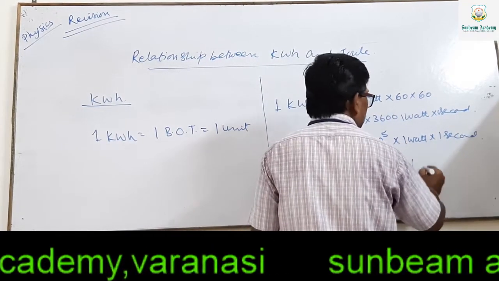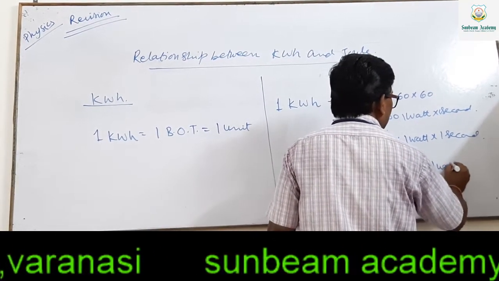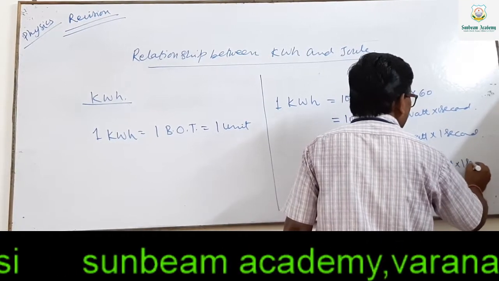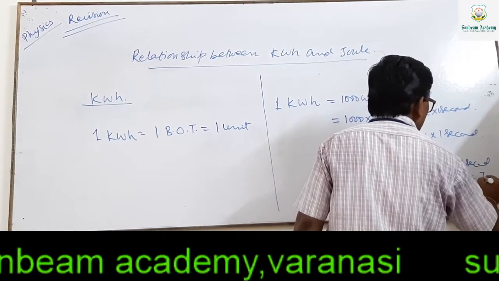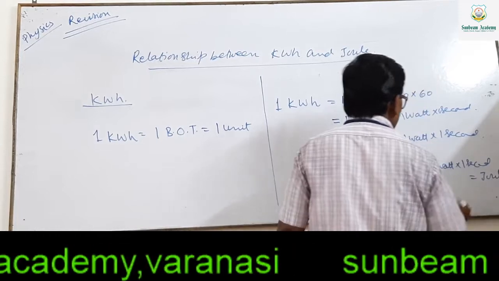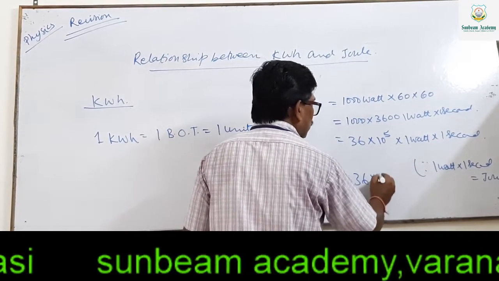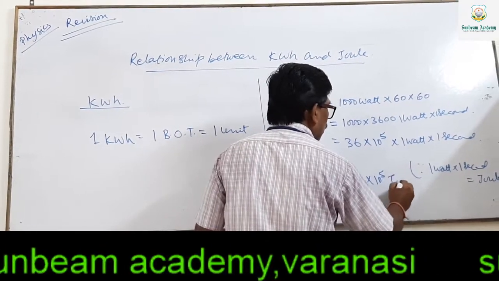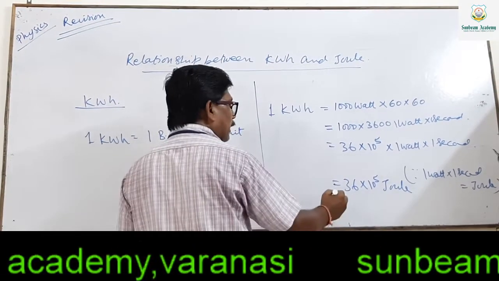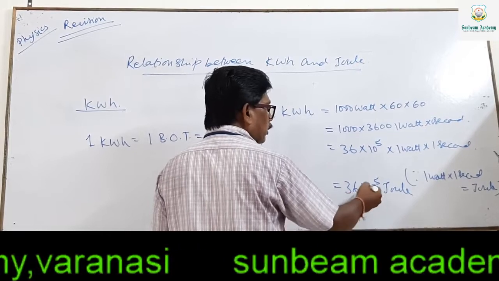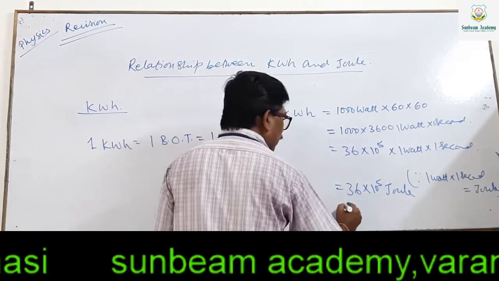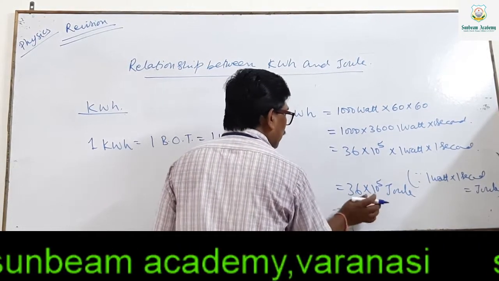Now, since you know that 1 watt into 1 second is equal to 1 joule, this will be equal to 36 into 10 to the power 5 joule. On converting this into standard form, divide by 10 and multiply by 10. That will be equal to how much?